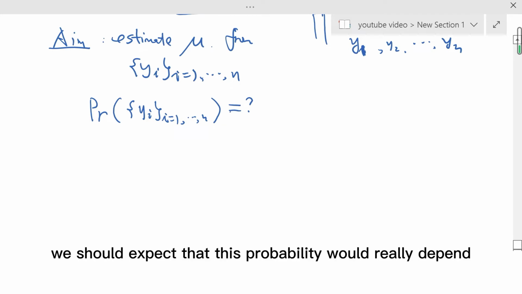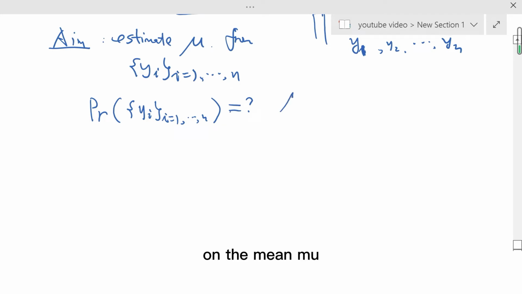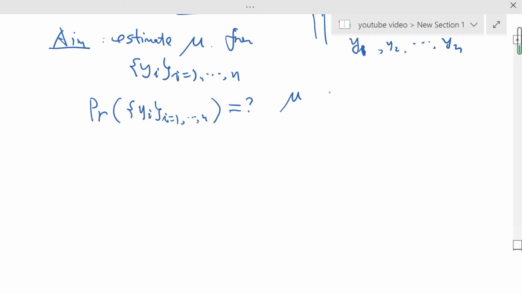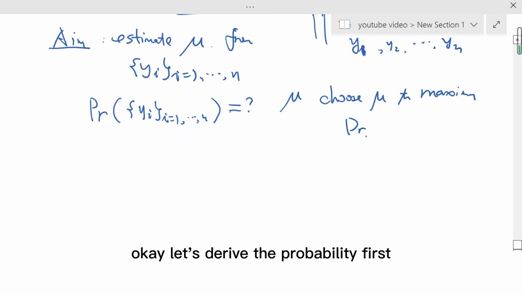We should expect that this probability already depends on the mean mu, on the unknown mu. So if we know this probability, we can choose mu to maximize this probability.